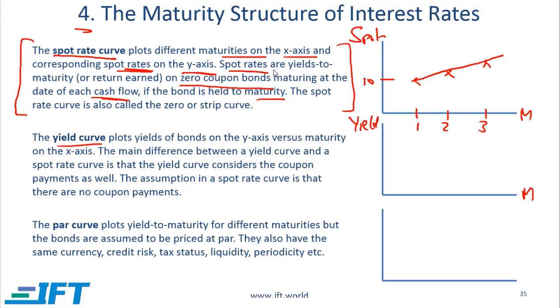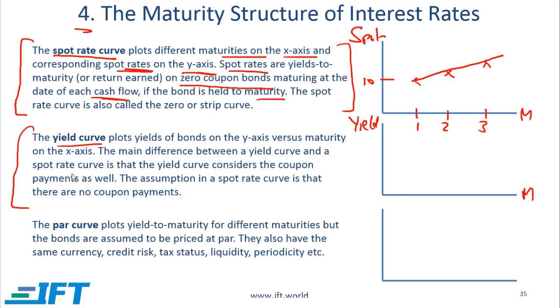So as this statement says, a 2 year spot rate means that if you invest in a 2 year zero coupon bond, you lock your money in at time 0, you get your money back at time 2, nothing in between, then the yield that you get or the return that you get is called a spot rate.